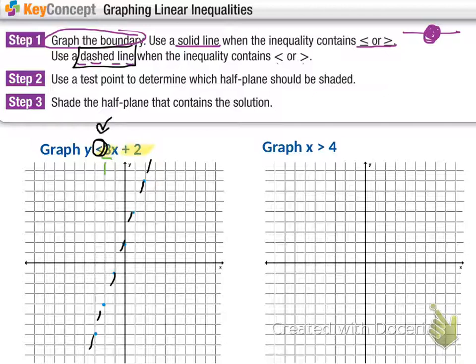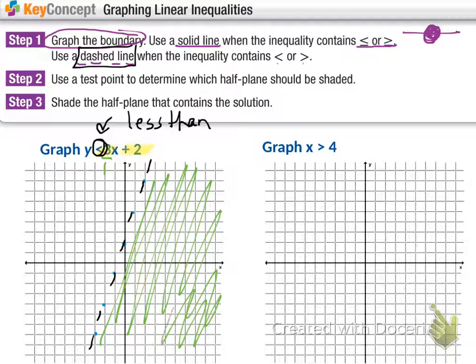Then what does that say? Does that say less than or greater than? It says less than. So go to the y-intercept, and we're going to shade the area less than or below the y-intercept. So all of this gets shaded. So that means that any coordinate pair in that entire area, for example, the coordinate pair 2, 1, write it backwards, would be a possible solution.